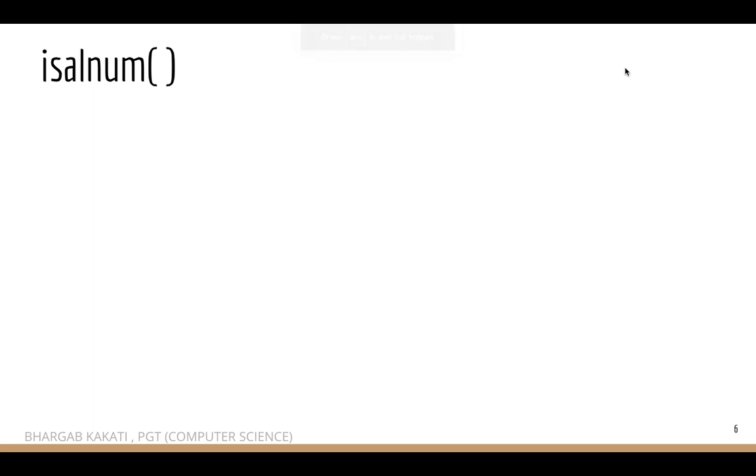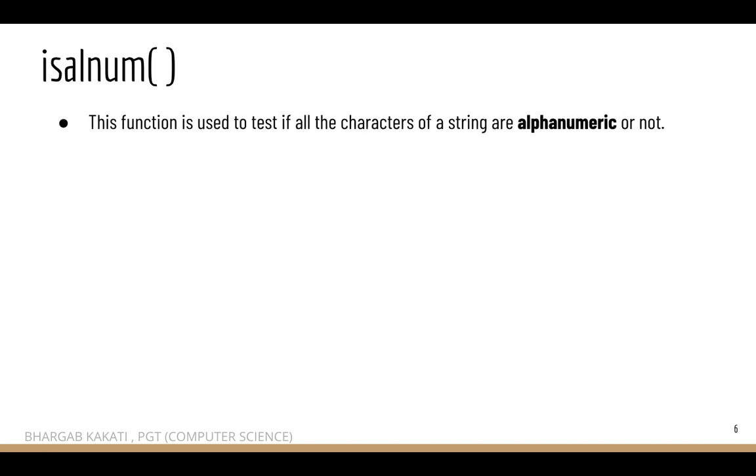Let's move to the next function, that is isalnum. ALNUM means alphanumeric. This function is used to test if all the characters of a string are alphanumeric or not. At first we need to understand the meaning of the word alphanumeric. Alphanumeric means a character that is either an alphabet or a number.